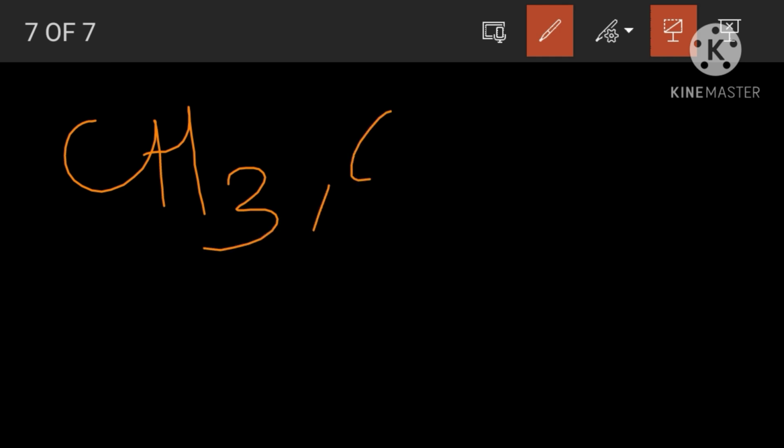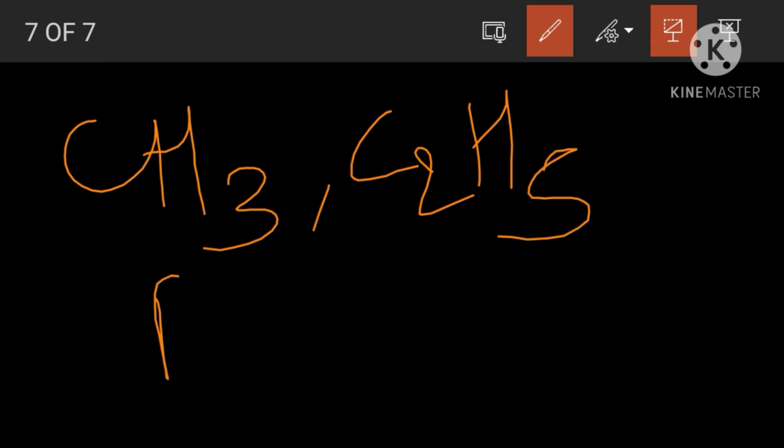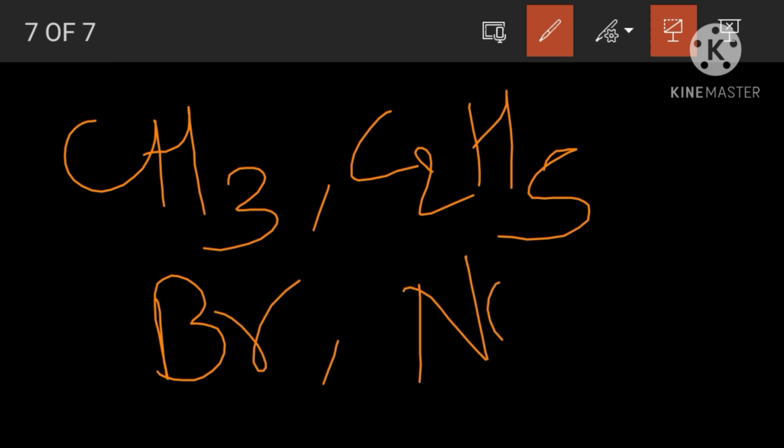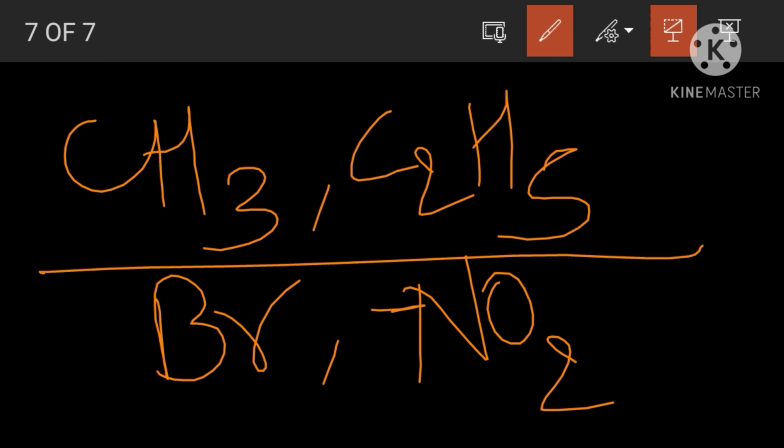Alkyl groups are the example for the electron releasing groups, and the halogens, that is fluorine, chlorine, bromine, iodine, and the NO2 group, are the example for the electron attracting groups or electron withdrawing groups.